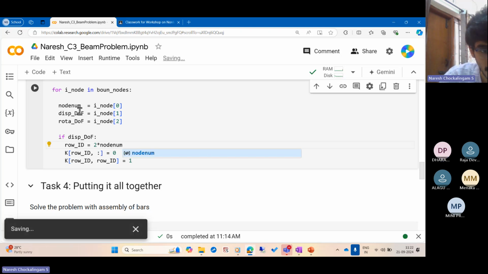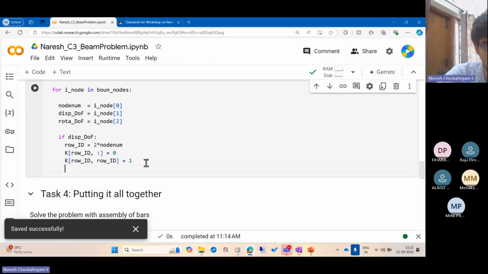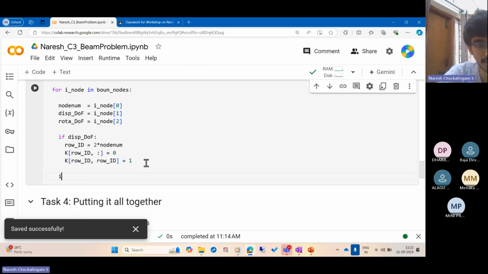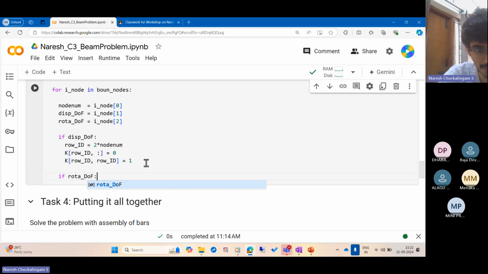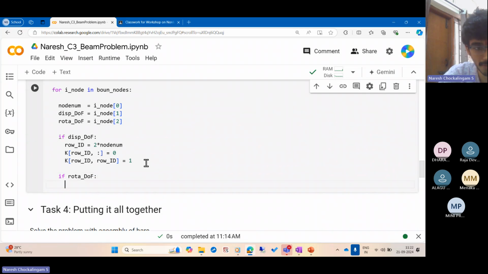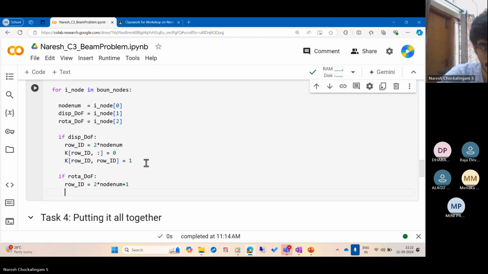Right. Now if this is one condition, what if rotational degree of freedom is restrained? If rotational degree of freedom is restrained, then what is the row ID? 2 times node number plus 1. And these two conditions are the same.